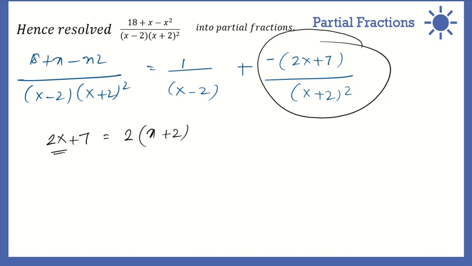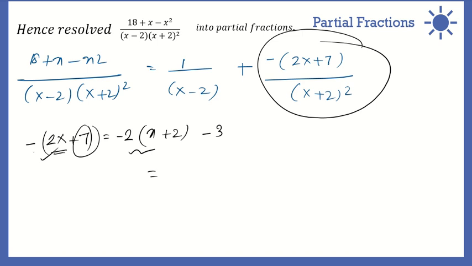This should be minus 2, so we get minus 2x. From the LHS we have plus 7, and here we have minus 4, so to get that we put plus 3 here.